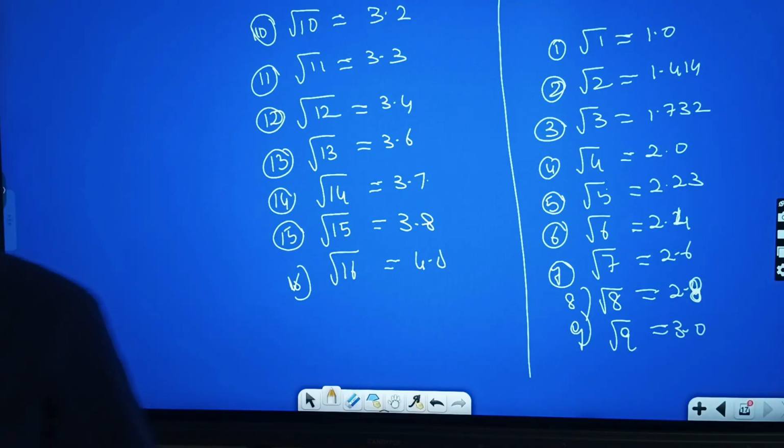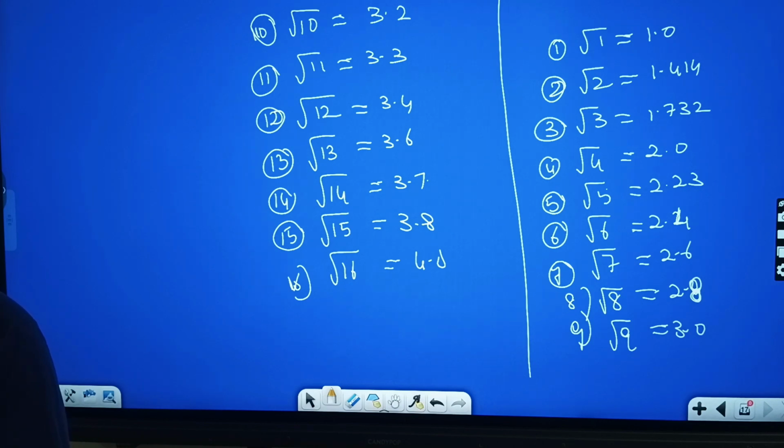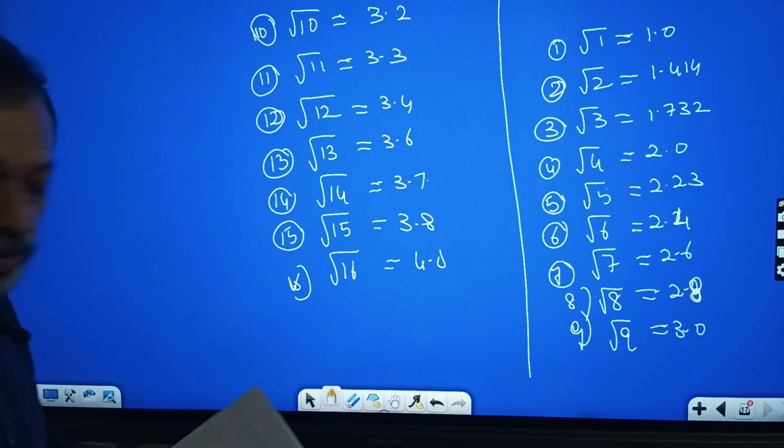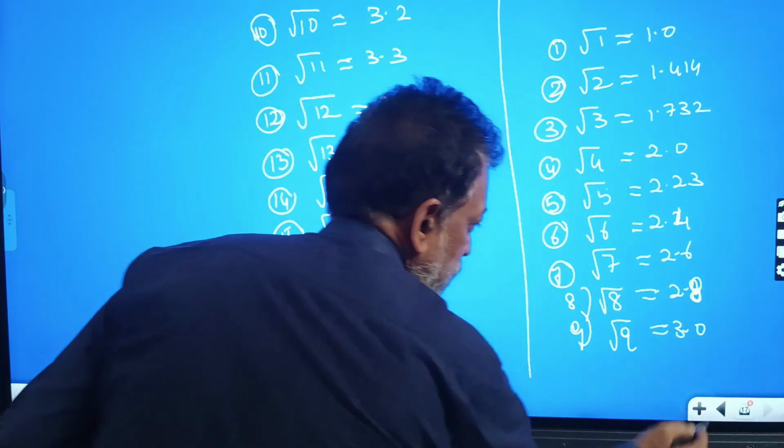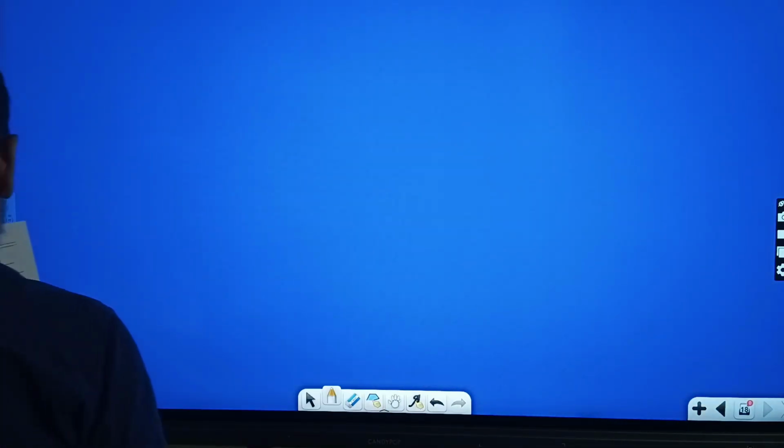Okay, so now we'll go to the shortcut problems. I will give the values. Please tell the calculated value of this one. Please take these values, and simplify and tell the value.